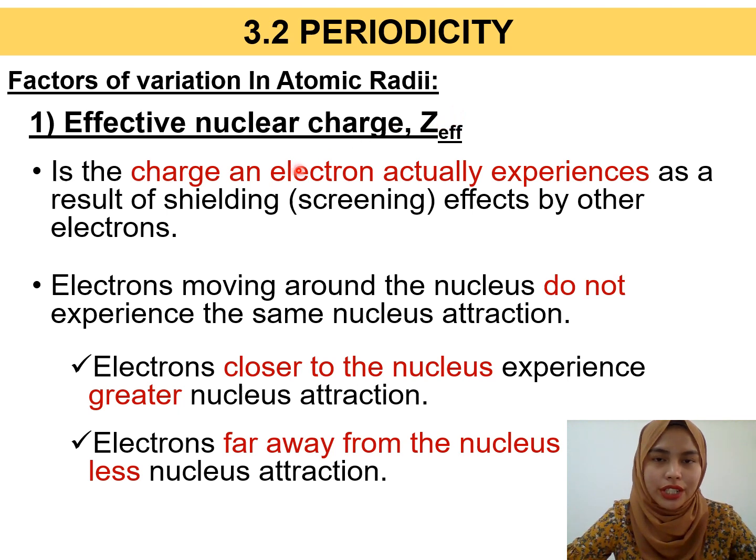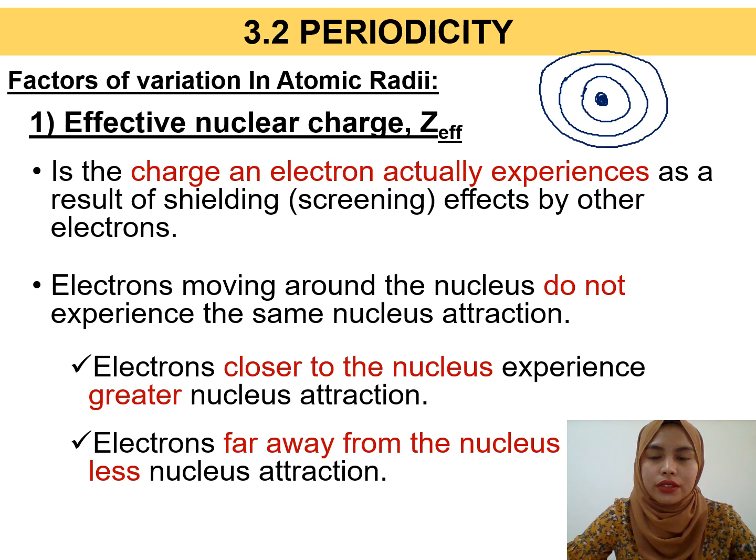What is effective nuclear charge or symbol ZEF? Effective nuclear charge is the charge experienced by an electron due to the shielding effects by other electrons. So what is that? Electrons moving around the nucleus have nucleus attraction. For example, if you have an atomic model where this is the nucleus and there are orbits around the nucleus, when the electron orbits the nucleus, there is nucleus attraction between the two.